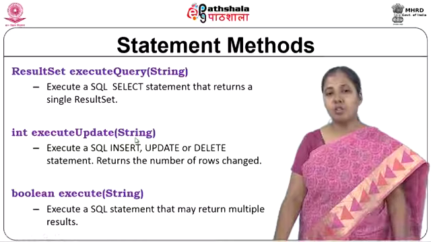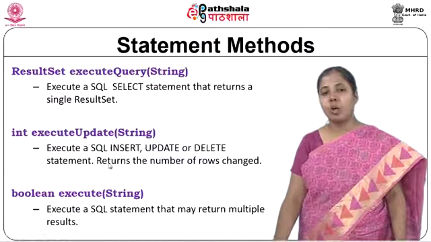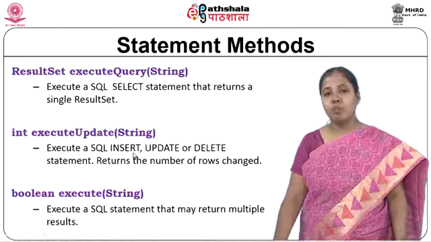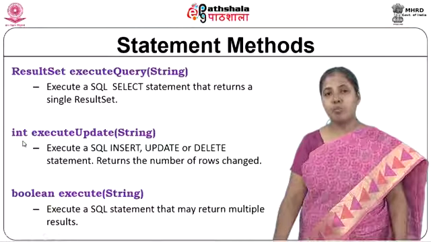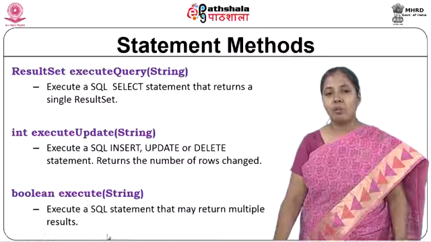The SQL statement is given as a string, and the statements supported for executeUpdate are insert, update and delete. Only these can be given within executeUpdate, and it normally returns an integer, which denotes the number of rows changed by the statement. And there is another method called execute.